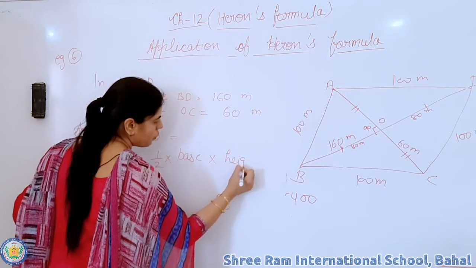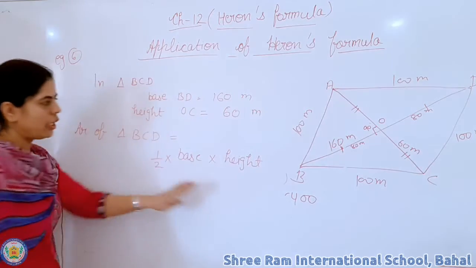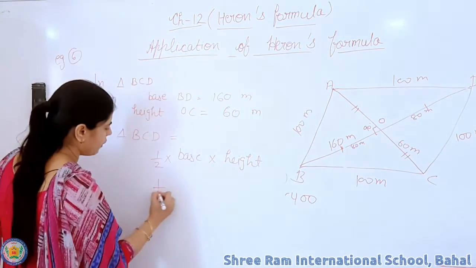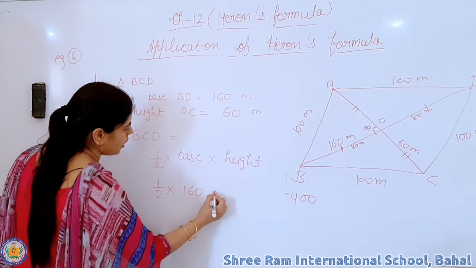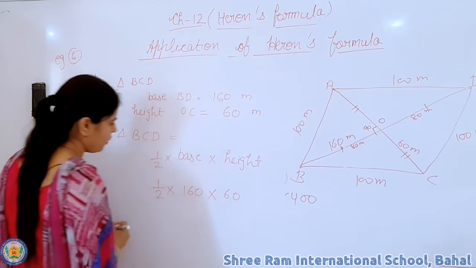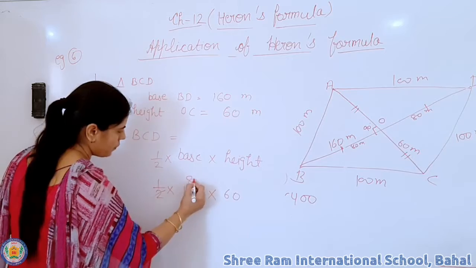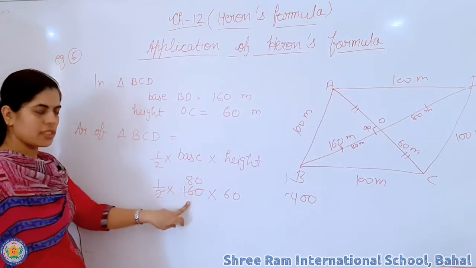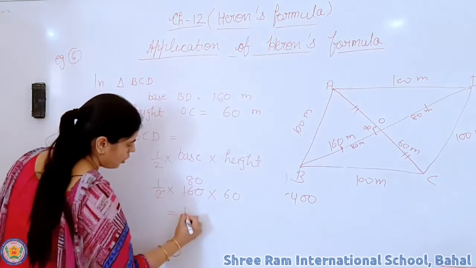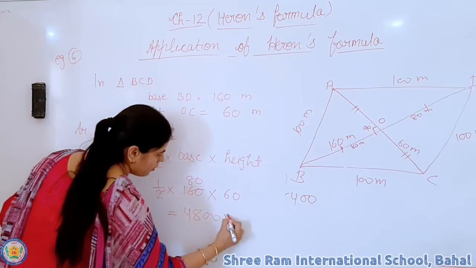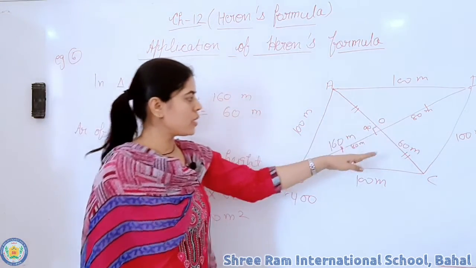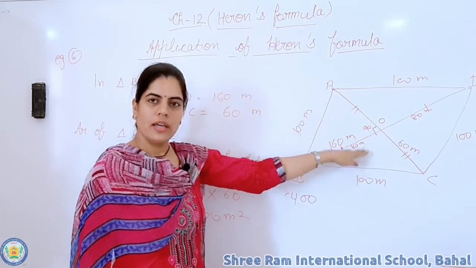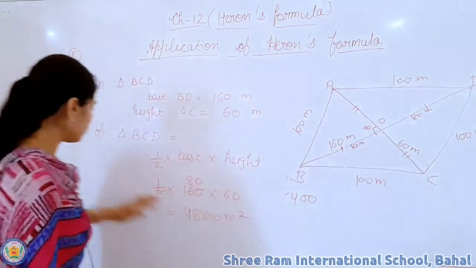We can use this formula because we know the height of this triangle. What will be the value? 1/2 into base, which is 160, into 60. We can cut 2 eights are 16, 0. Now 4800 meter square is the area of triangle BCD, because the areas of these two triangles have the same value.